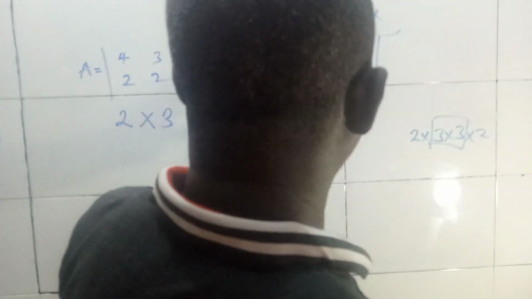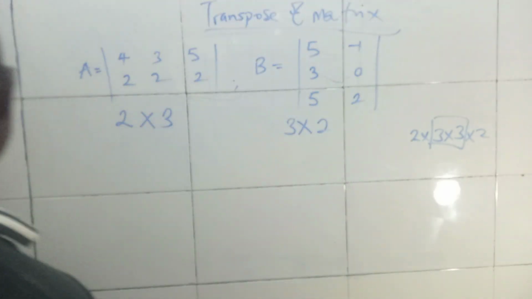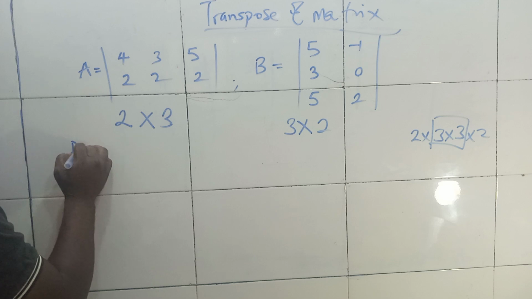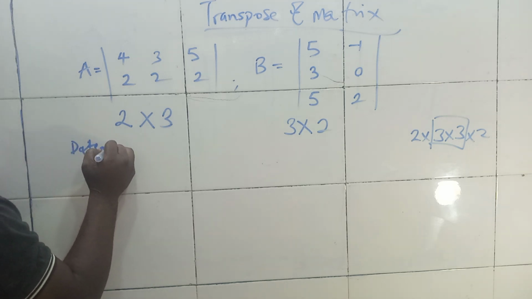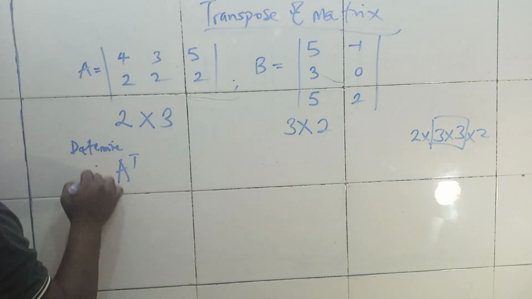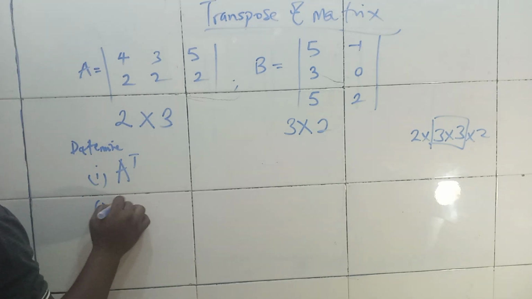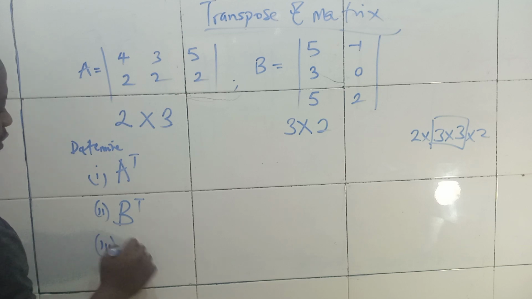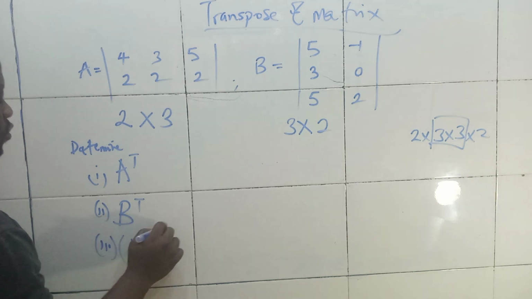But here what we want to do is to find the transpose. The question says determine A transpose. That's question number 1. Question number 2, B transpose. Then question number 3, let's say the product AB transpose.